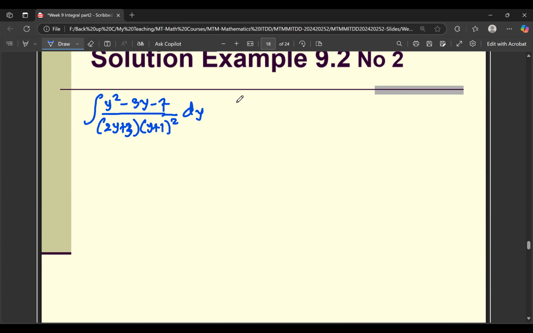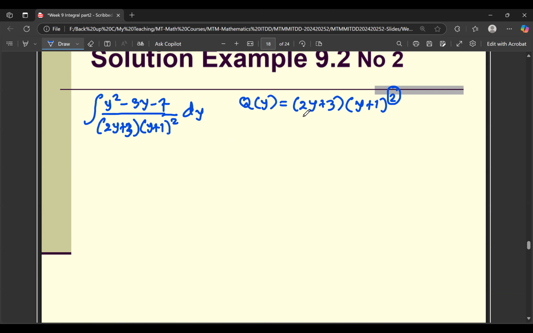So we identify q(y), which has 2y plus 3, a non-repeating linear factor, and we also have this repeating linear factor, y plus 1 squared. So this is not quadratic, but repeating linear factors.